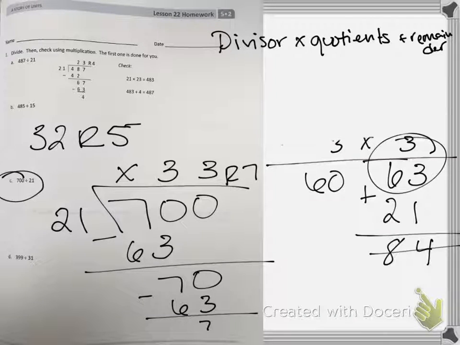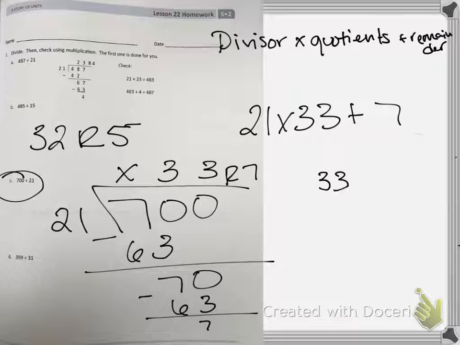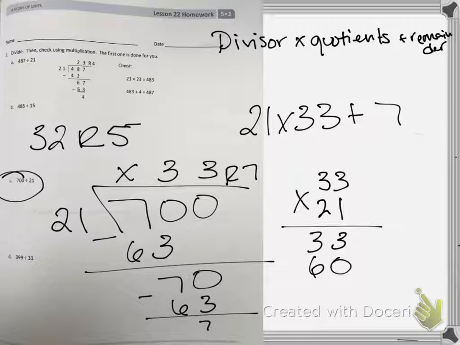I'm going to clear up this space over here. Let's check our work. So now we have 21 times 33 plus 7. 33 times 21. And a big reason I like them to check their work is because we need to remember how to multiply double-digit numbers and even triple by double-digit numbers. So 1 times 3, 3, 3, 0. 2 times 3 is 6.